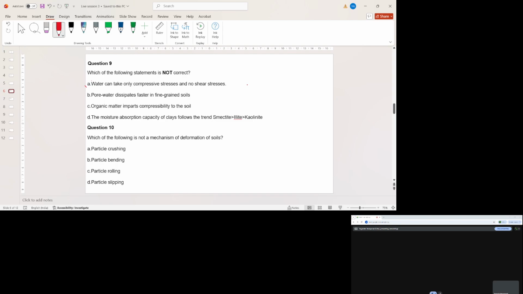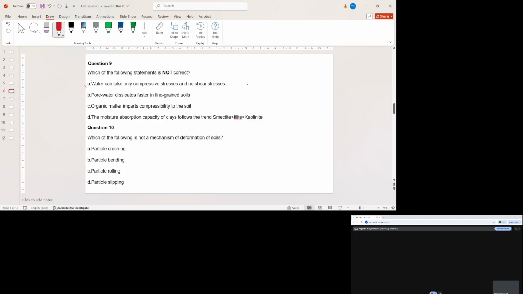Once the soil loses its shear strength, it is termed liquefaction of soil, where it becomes devoid of taking any load.